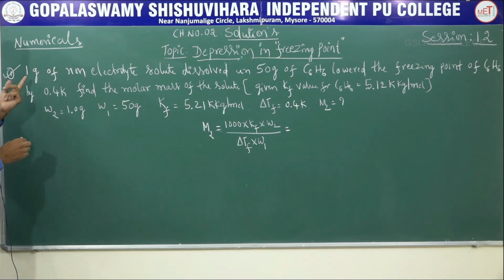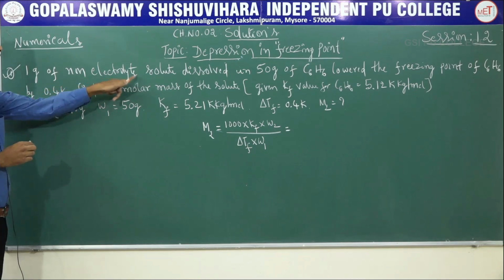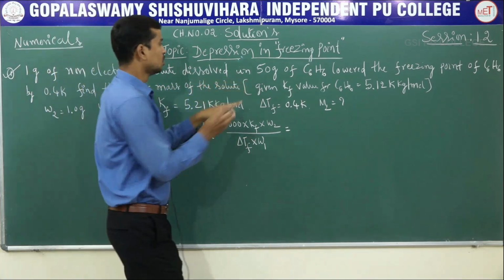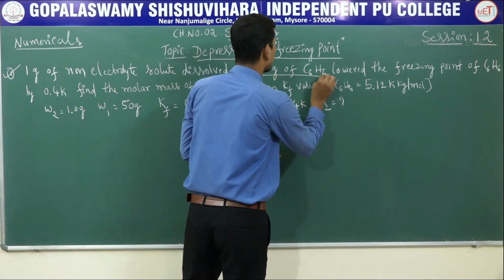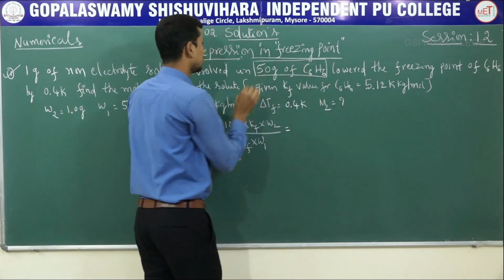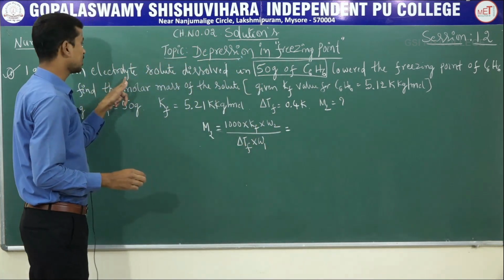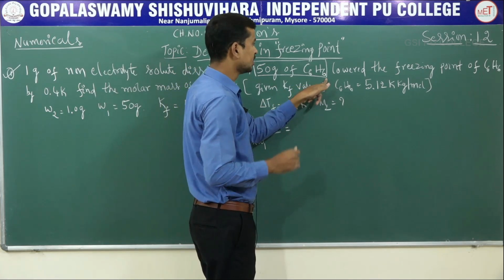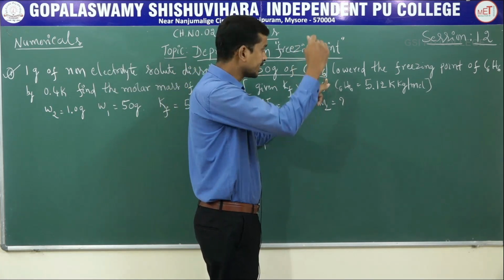You have to understand it correctly. 1 gram of a non-electrolyte solute is dissolved in 50 gram of benzene. Clear? Lower means decreases.